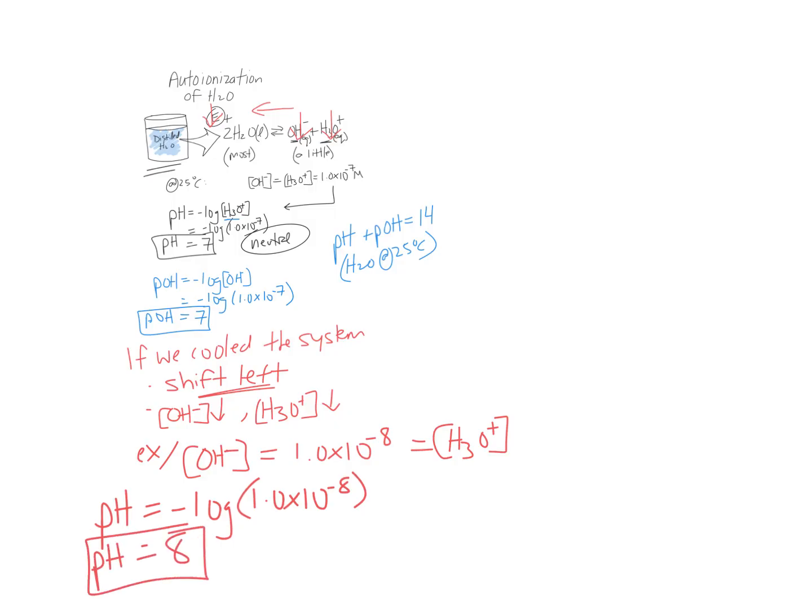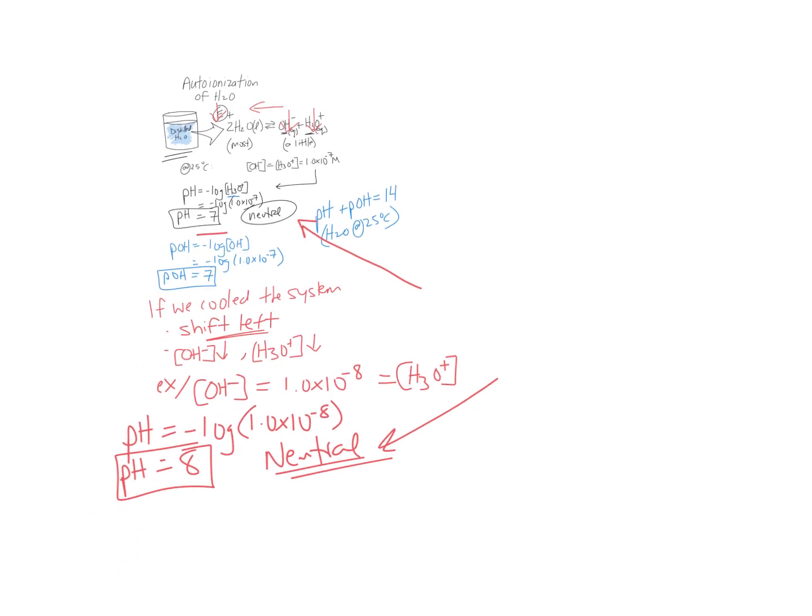And what I'm going to tell you is that this is still neutral. So we had neutrality here when pH was 7, but we can also have neutrality here when pH is 8. This is the crazy thing about using the term neutral. The term neutral isn't tied to the idea of the pH being 7.